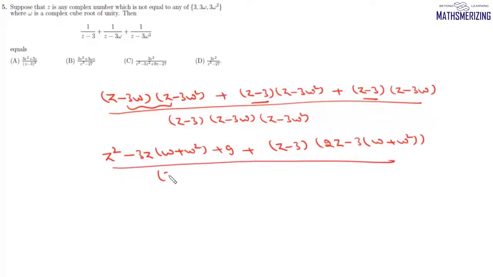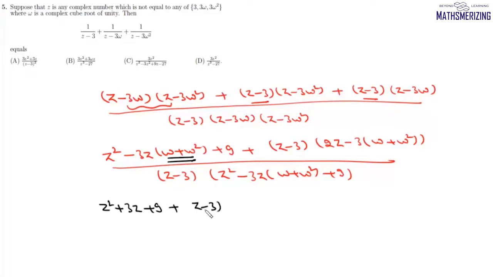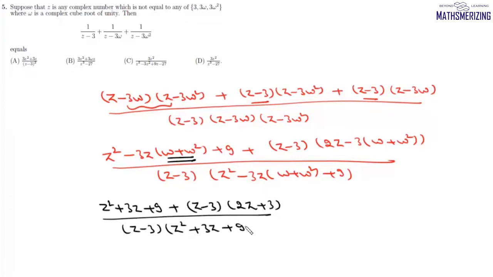In the denominator, it'll be z minus 3 and then z square minus 3z (omega plus omega square) plus 9. Now omega plus omega square is minus 1. So it will be z square plus 3z plus 9, and here z minus 3, 2z plus 3 upon z minus 3, z square plus 3z plus 9.